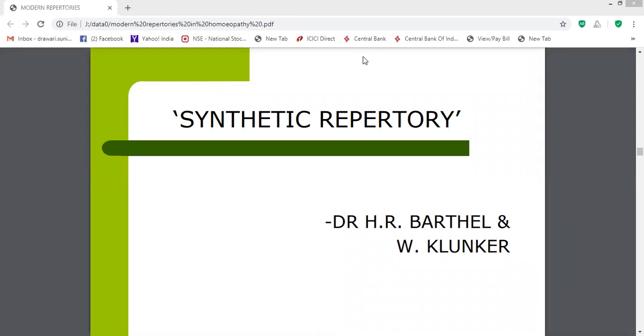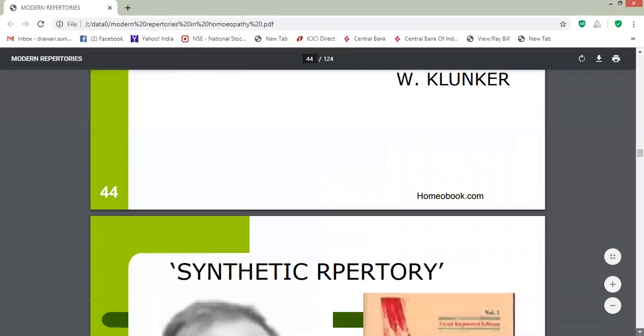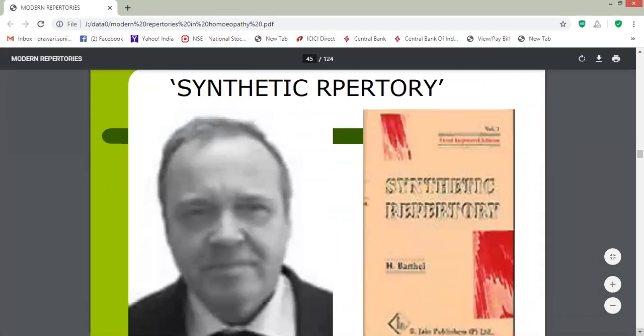Out of those, the first and second volumes were compiled by Dr. Barthel, and the third volume was compiled by Dr. Klunker. In this repertory we find most of the general symptoms.